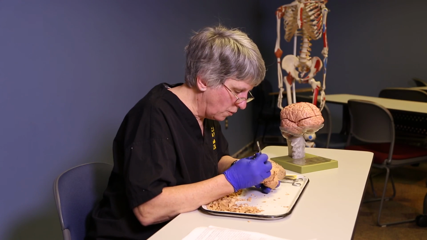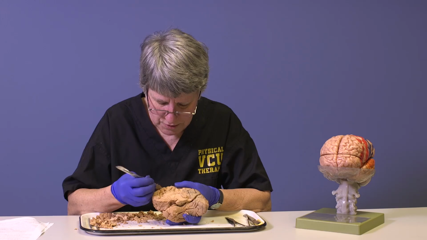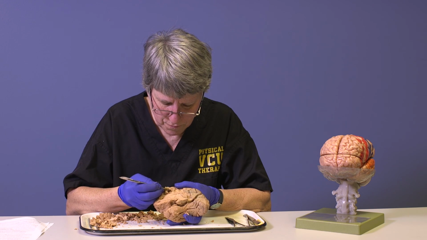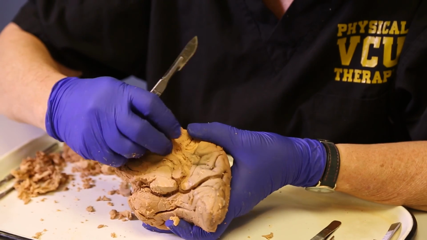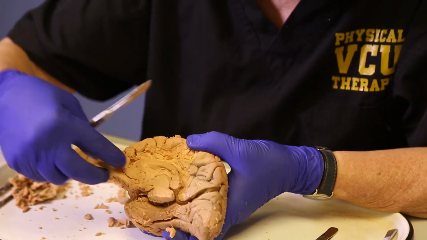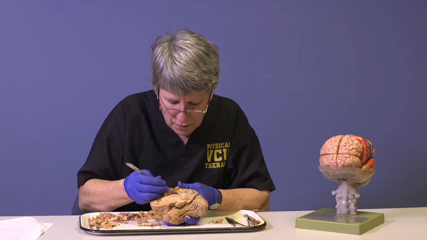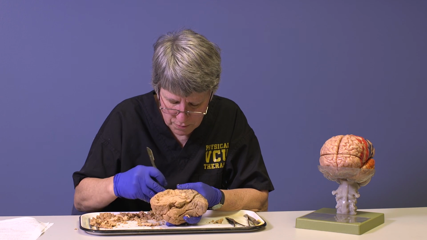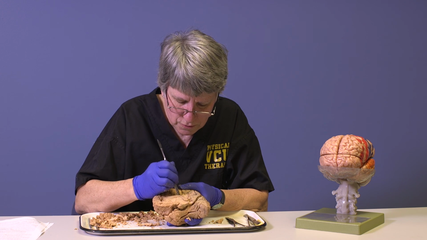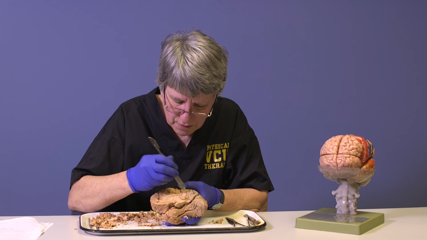Now, if I go ahead and remove the cingulum, what you should begin to see, if we pull it away from there, is that the fibers coming through the corpus callosum are going up into the cortex. So I keep removing these cingulum fibers.